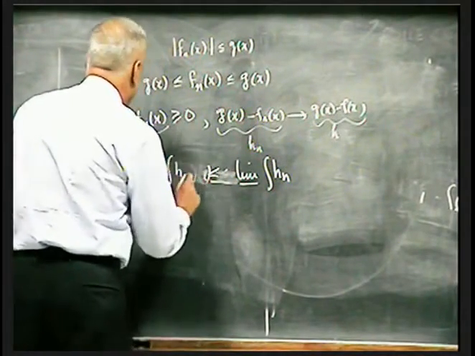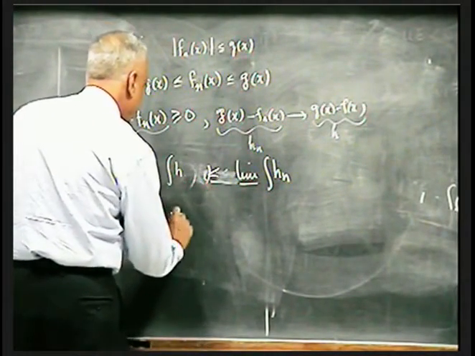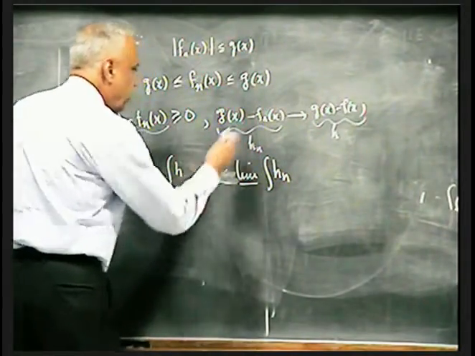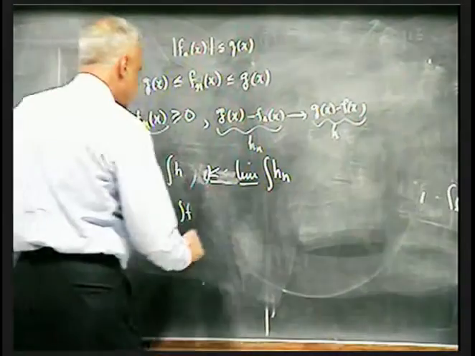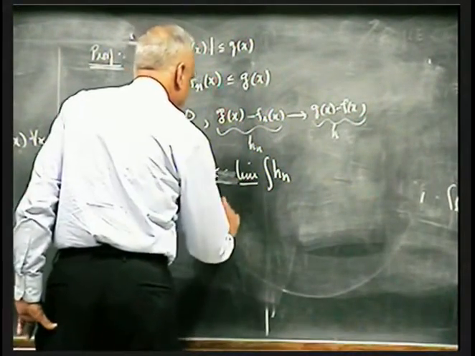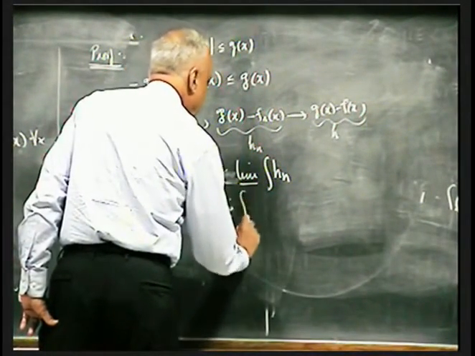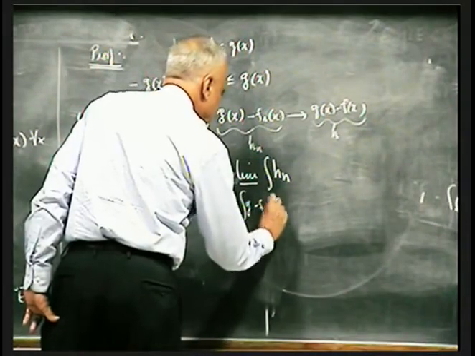Let's write that in full. The integral of g minus the integral of f, everything is now finite because they have all been dominated by an integrable function, is less than or equal to the lim inf of the integral of g minus fn.